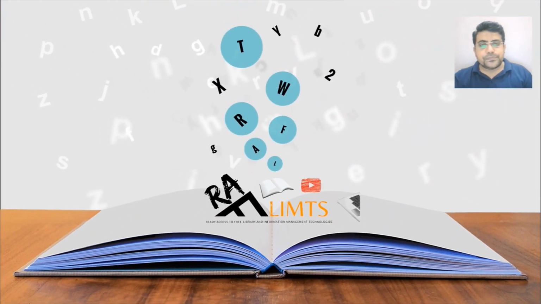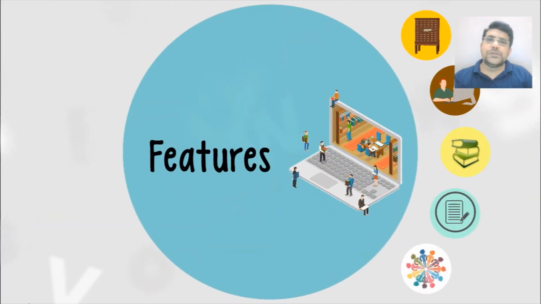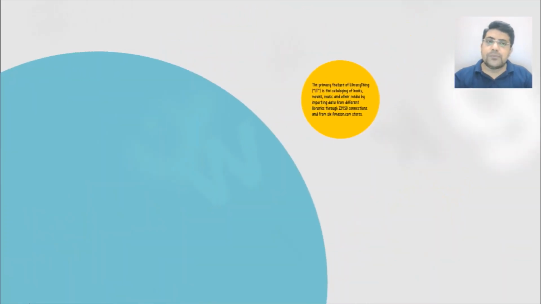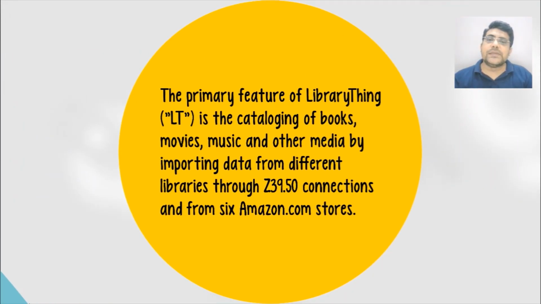Now let's talk about the features of LibraryThing. The primary feature of LibraryThing is the cataloging of books, not only books but movies, music, and other media, by importing data from different libraries through a Z39.50 connection. We all know Z39.50 is one of the protocols.